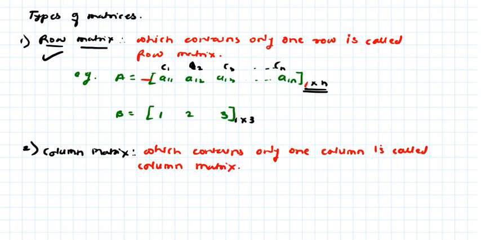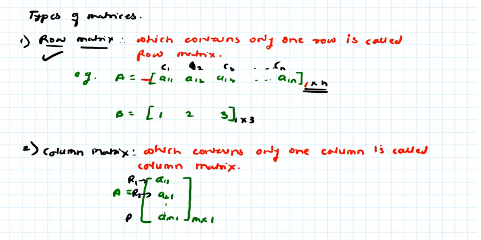For example, suppose I take the matrix A as A11, A21, and so on up to AM1. This is a matrix whose order is M cross 1, because it contains M rows. This is the first row, second row, up to the mth row. So it contains M rows and only one column, that is why it is a column matrix.